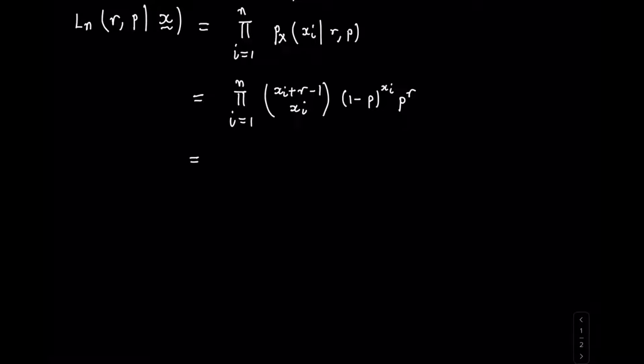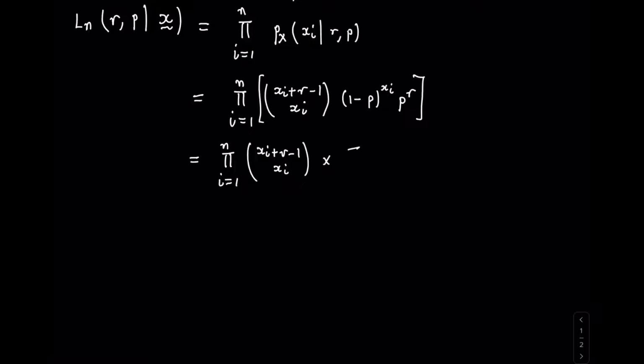Then, of course, what we're going to do is expand this product here, noting that we can take the product of the first terms, so xi plus r minus 1 choose xi. I'll actually put brackets around that so it's a little bit more clear in the first instance.